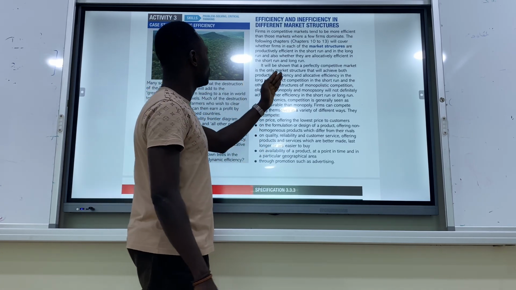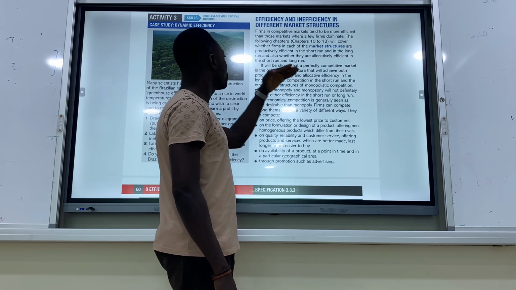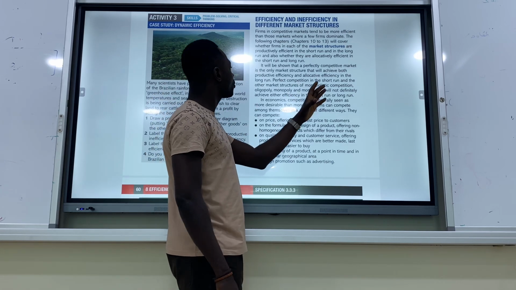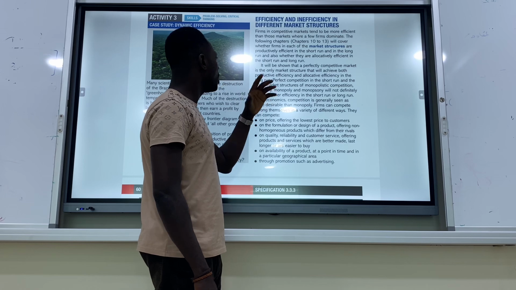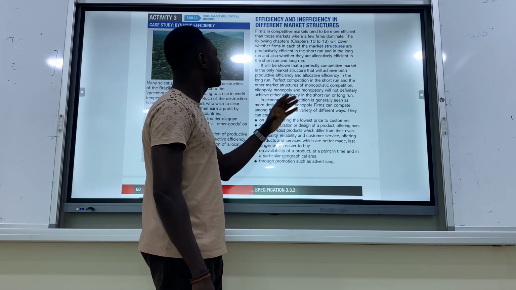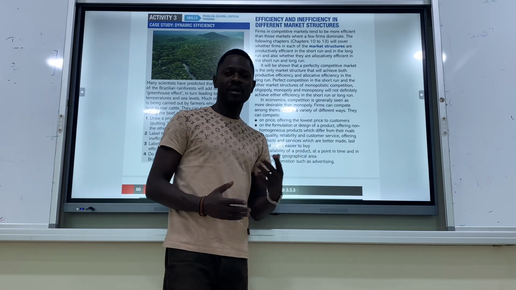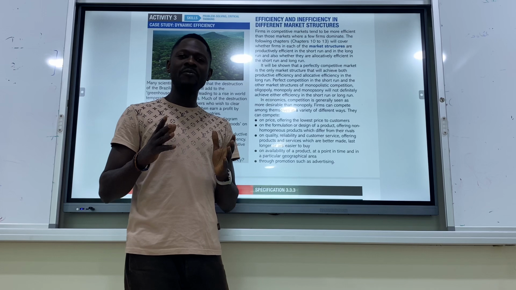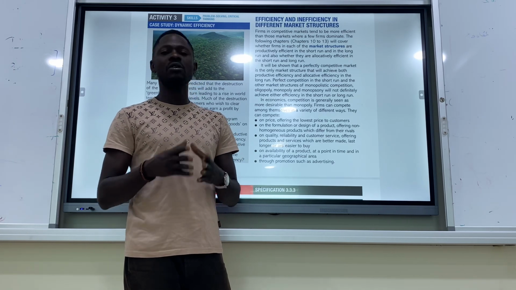It will be shown that a perfectly competitive market is the only market structure that will achieve both productive efficiency and allocative efficiency in the long run. The other market structures of monopolistic competition, oligopoly, and monopoly will not achieve either efficiency in the short run or long run. So the only market structure in which efficiency is achievable is perfect competition, or a perfect market.